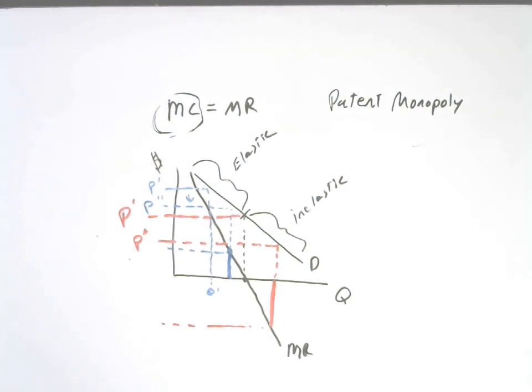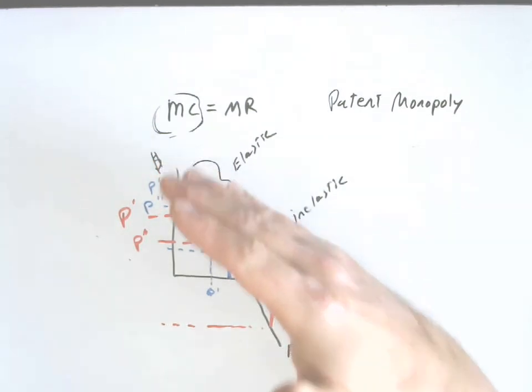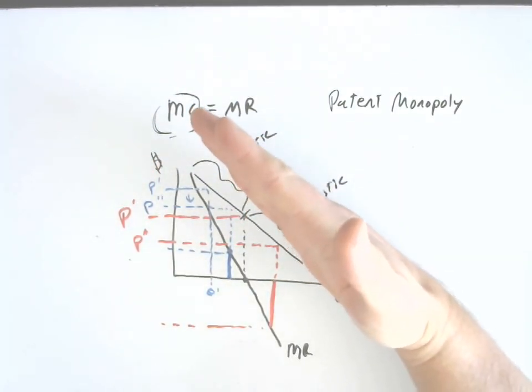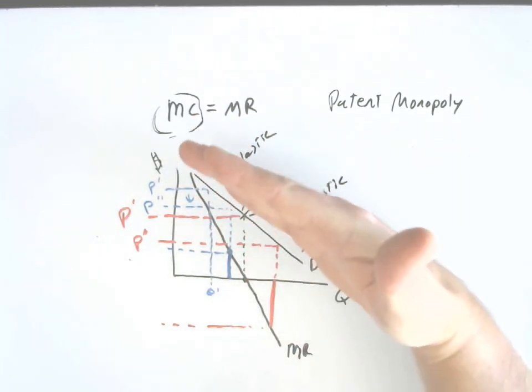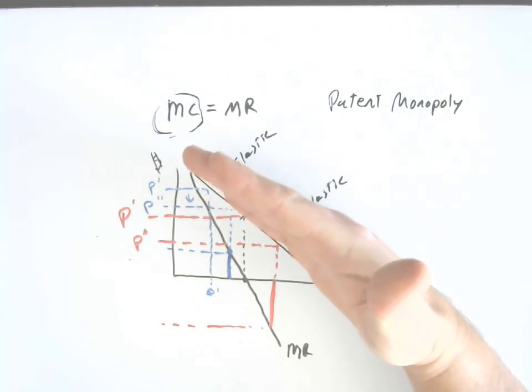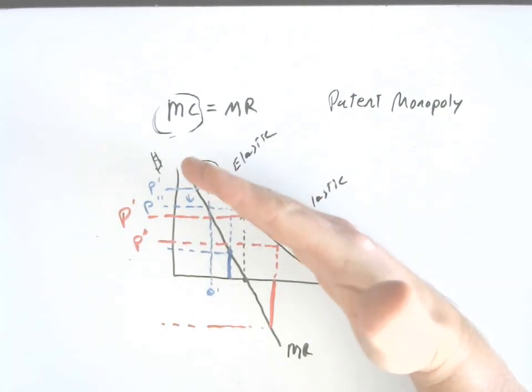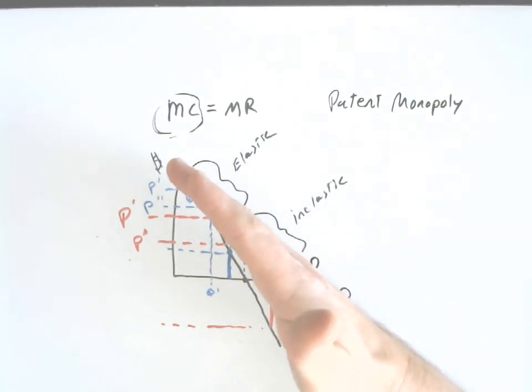To make a long story short, a monopolist faces a downward sloping demand curve. That means that marginal revenue must also be downward sloping. In order for a monopolist to sell more product, they have to lower the price of their product, but not just of that next unit they sell, but of all the units they sell. That means not only is marginal revenue downward sloping like demand, it has to lie below the demand curve.